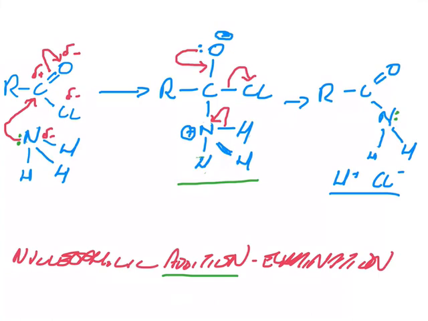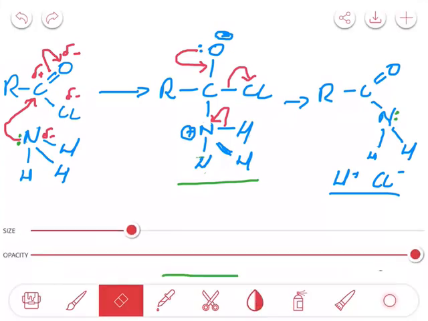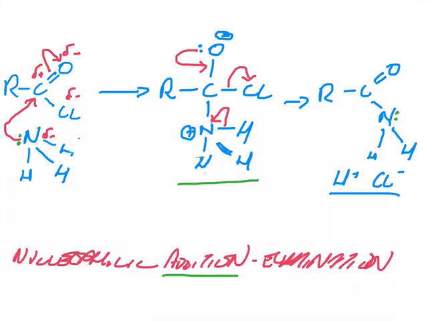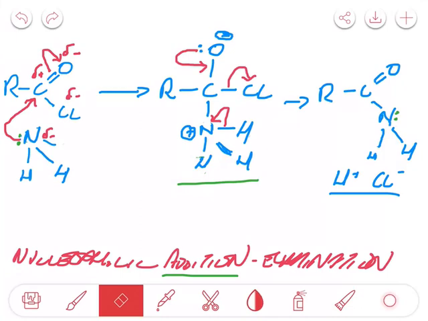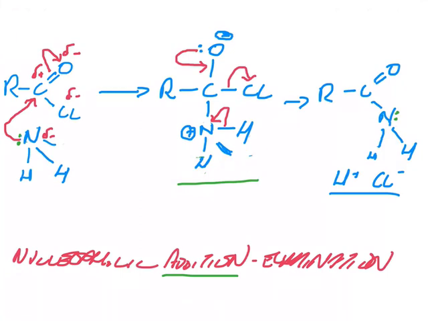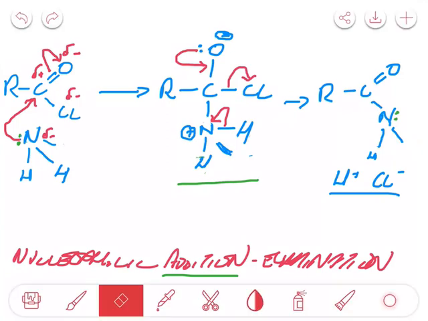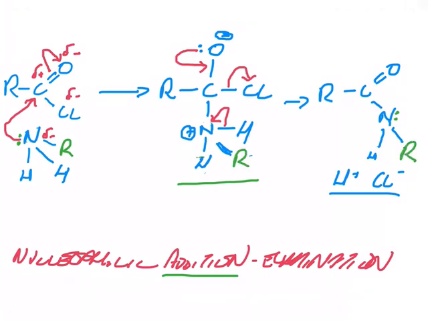The fourth one is using a primary amine, and the primary amine, remember, the only difference is that one of the hydrogens here, one of the hydrogens there, one of the hydrogens here is now an R group. So R, R, R. So I've now got exactly the same mechanism, but I've now got my N-amide.